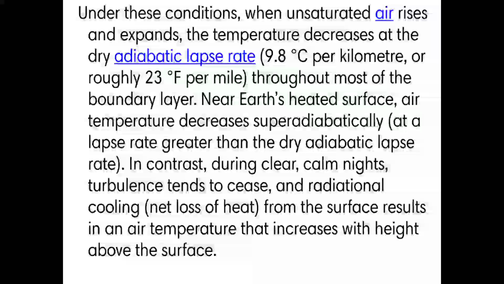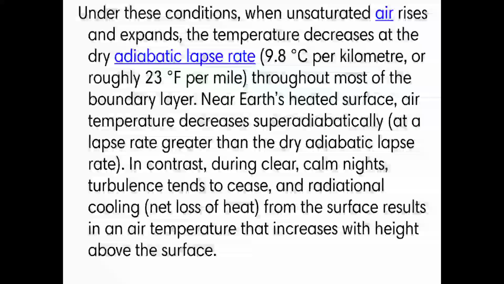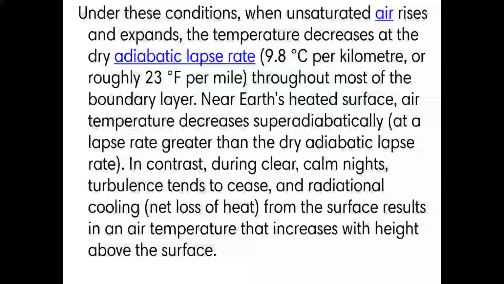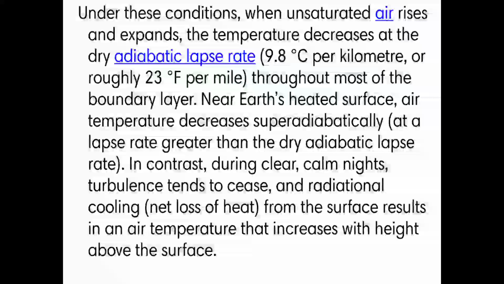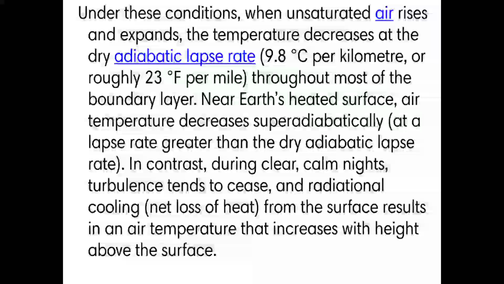Under these conditions, when unsaturated air rises and expands, the temperature decreases at the dry adiabatic lapse rate, 9.8 degrees centigrade per kilometer or roughly 23 degrees Fahrenheit per mile, throughout most of the boundary layer. Near Earth's heating surface, air temperature decreases superadiabatically, at a lapse rate greater than the dry adiabatic lapse rate.